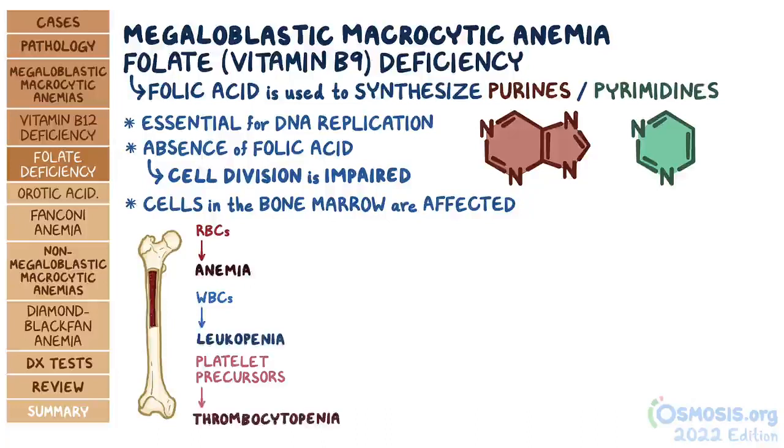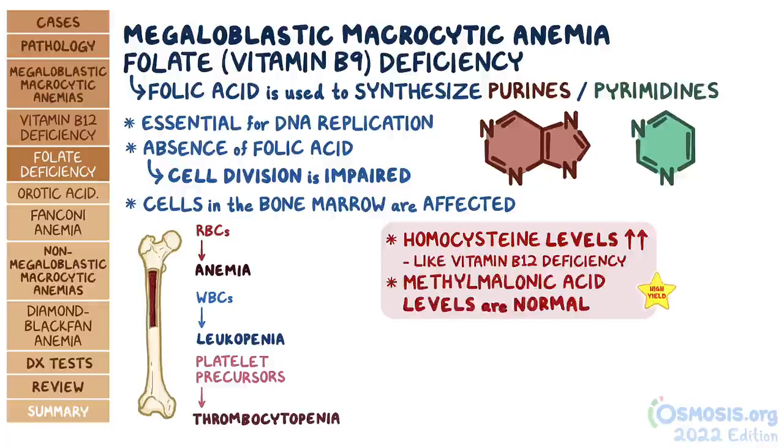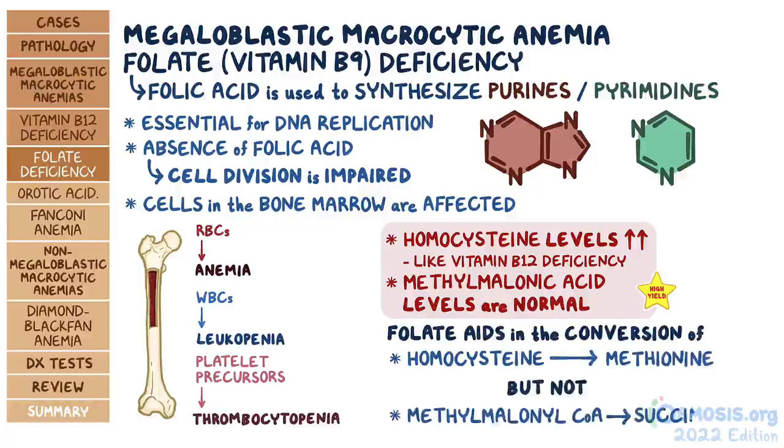For the test, remember, homocysteine levels are elevated, like vitamin B12 deficiency, but methylmalonic acid levels are normal. This is because folate is a cofactor that aids the conversion of homocysteine to methionine, but does not affect the conversion of methylmalonyl-CoA to succinyl-CoA.